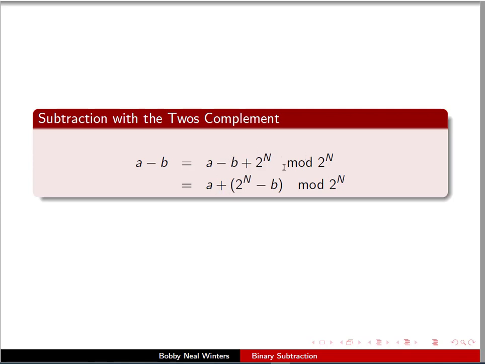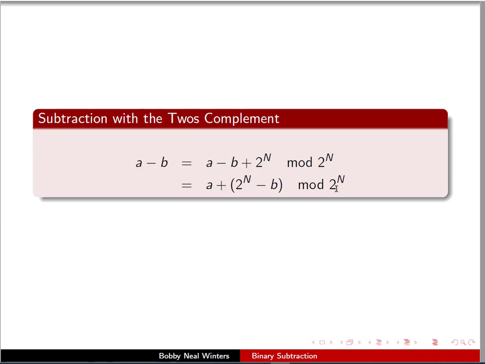And so I can rearrange it, and this is like (a plus (2^n minus b)) mod 2^n. So this subtraction, provided I limit myself to just the window of the register that holds our number words, is just like adding this twos complement modulo 2^n.